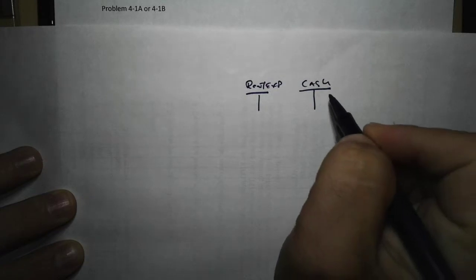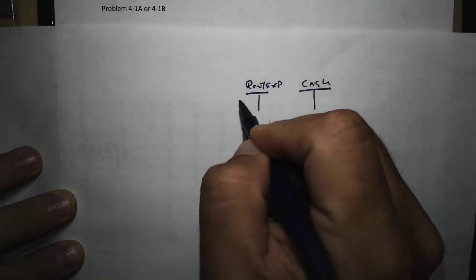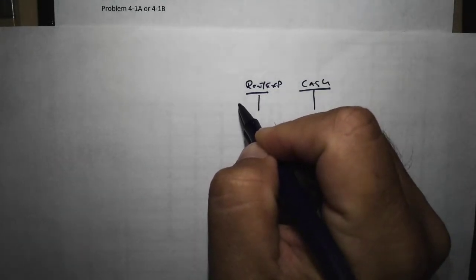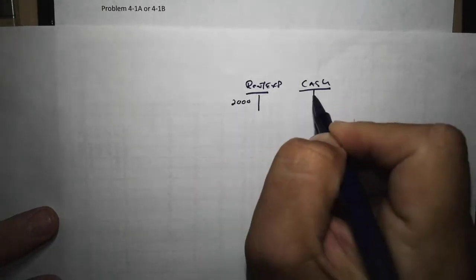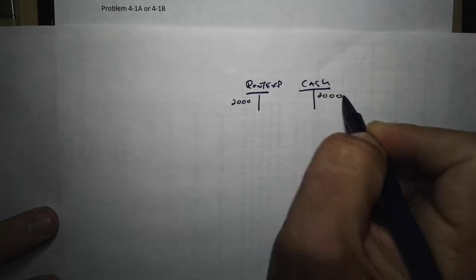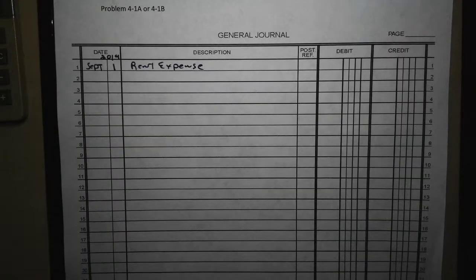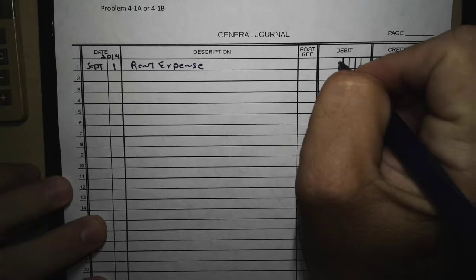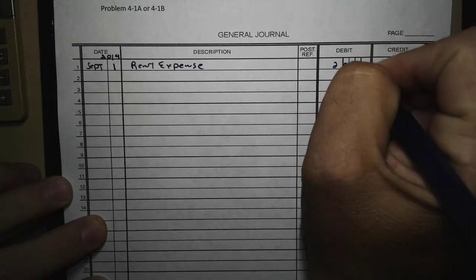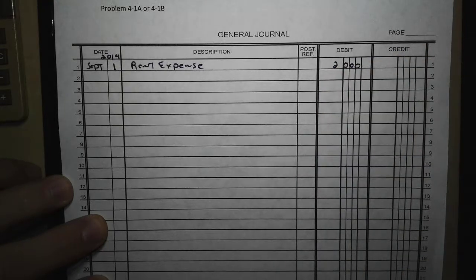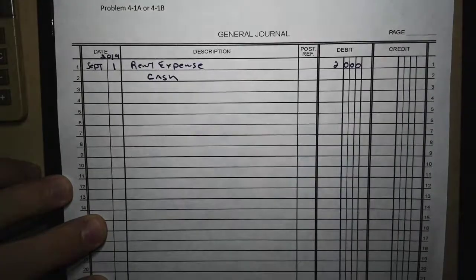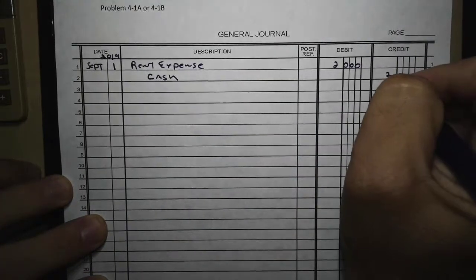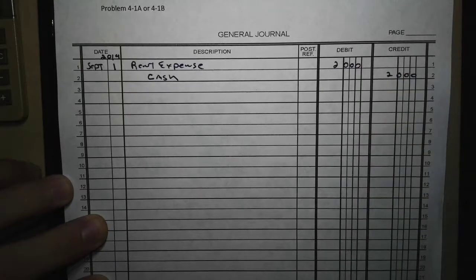Check is the same as issuing cash, so it's a debit of $2,000 to rent expense, and a credit to cash for $2,000. But on this particular form, we're going to write the debit in as $2,000 as a debit to rent expense, and then I'm going to indent just a little bit and write that credit in there, credit to cash for $2,000.